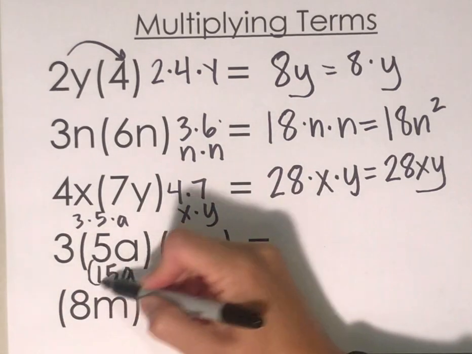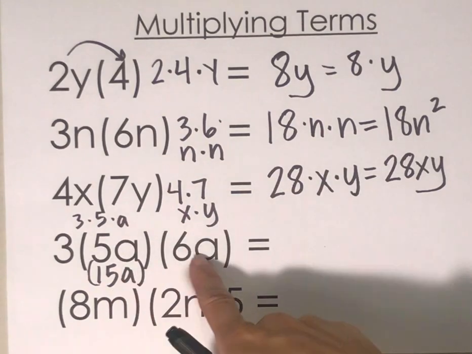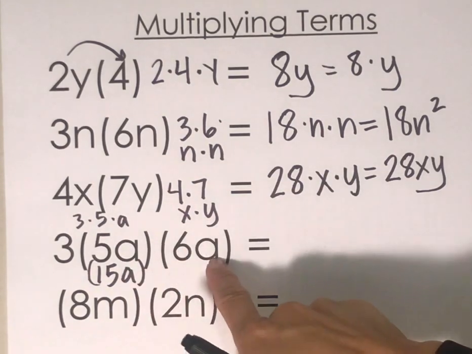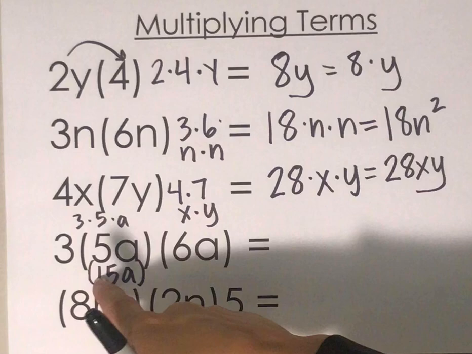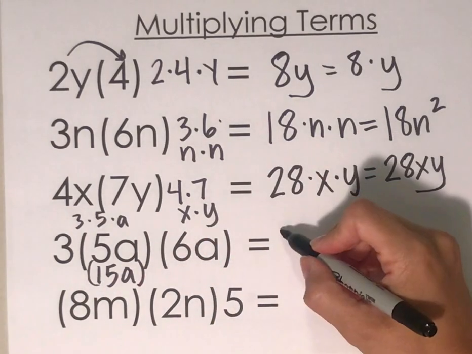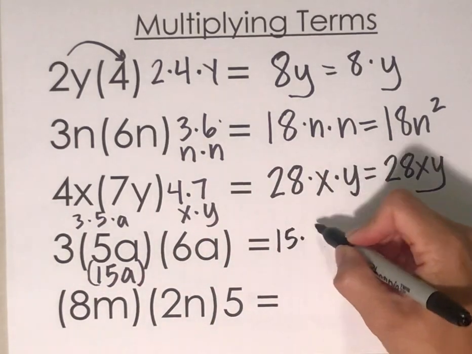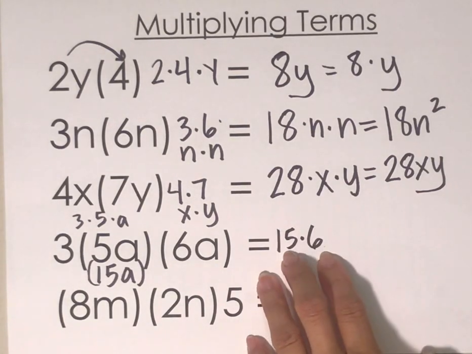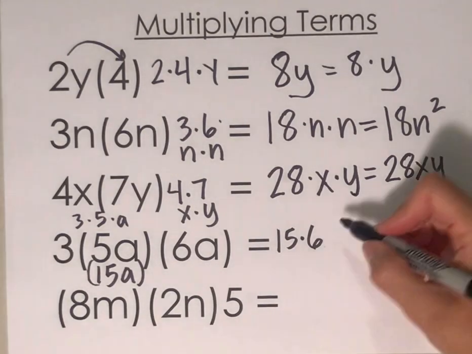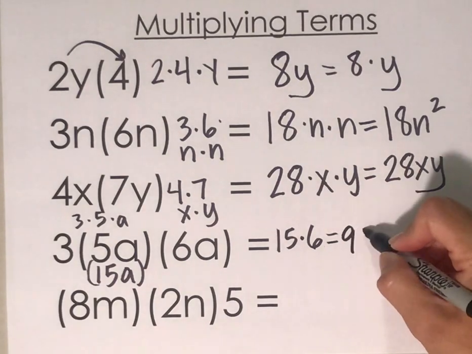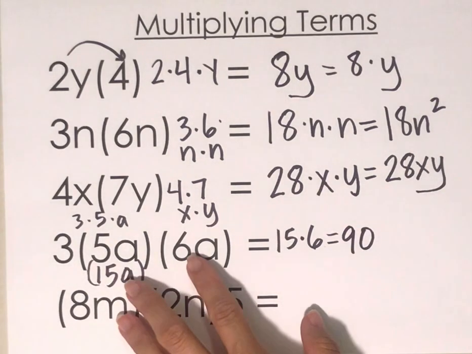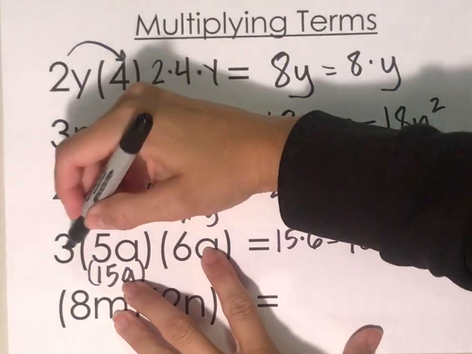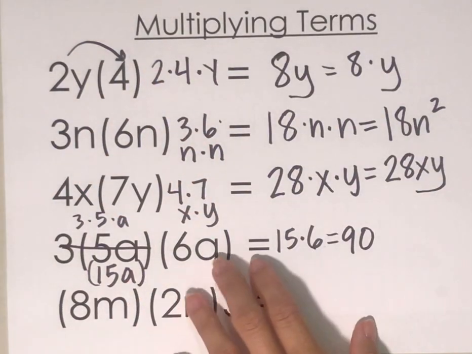Then I'm going to take 15a, and I'm going to multiply that by that 6a. So here I'm going to do 15 times 6, because those are our numbers first. 15 times 6 is 90. So we get 90 from that. Then I have to address my a's, because here I have an a and an a.